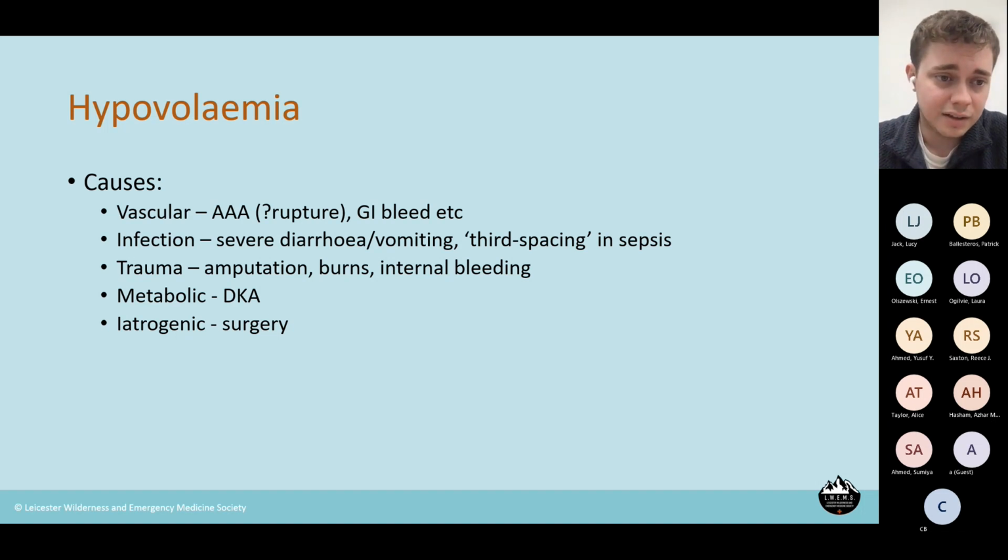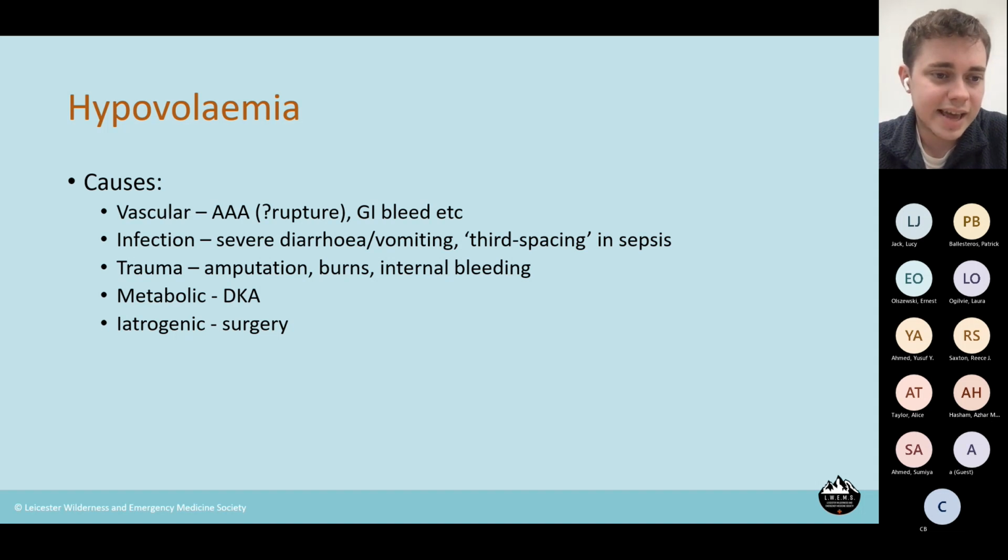Burns in particular, you can actually lose a lot of fluid through burns. Traumatic injuries like amputation or internal bleeding, so you can actually bleed your whole blood volume into your pelvic cavity. So it's really important to think about internal bleeding in someone that's hypovolemic.